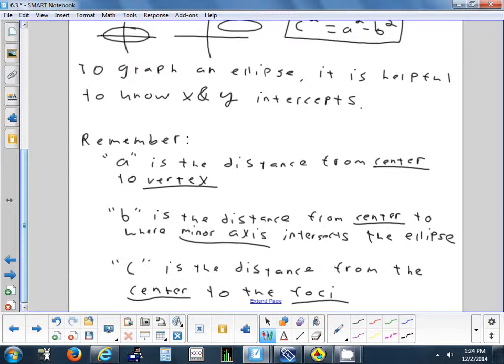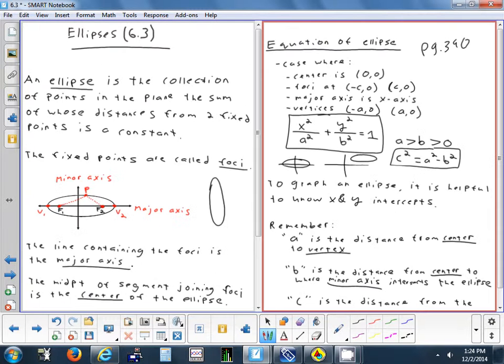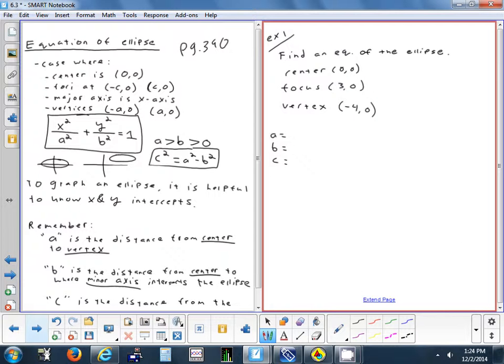And when we get to H and K, it's going to be just like it was yesterday. That's the shift, up, down, left, and right. We're not going to do H and K yet. So if you need A, B, and C, they're right up here.